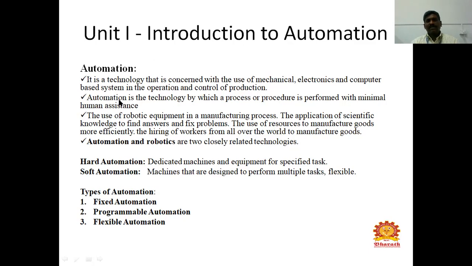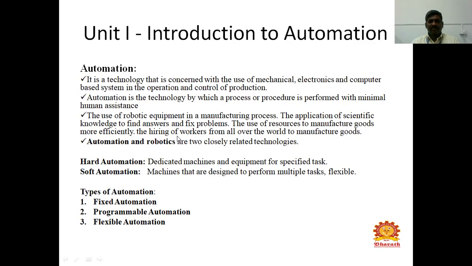Automation is a technology by which a process or procedure is performed with minimal human assistance. That means we have to minimize human assistance in production. This is the ultimate aim of automation. So, the use of robotic equipment in the manufacturing process, the application of scientific knowledge to find answers and fix problems, and the use of resources to manufacture goods more efficiently.